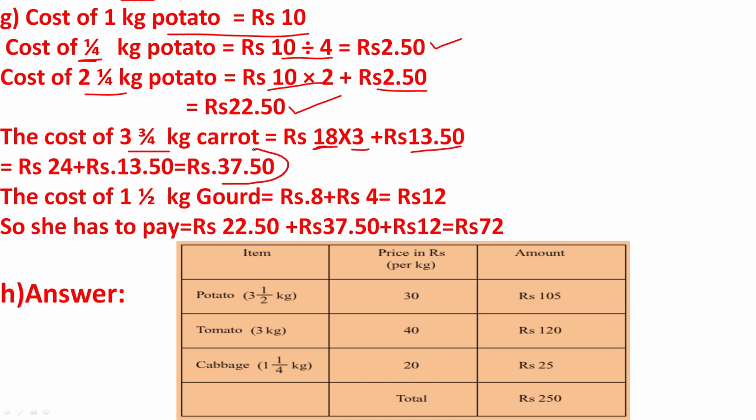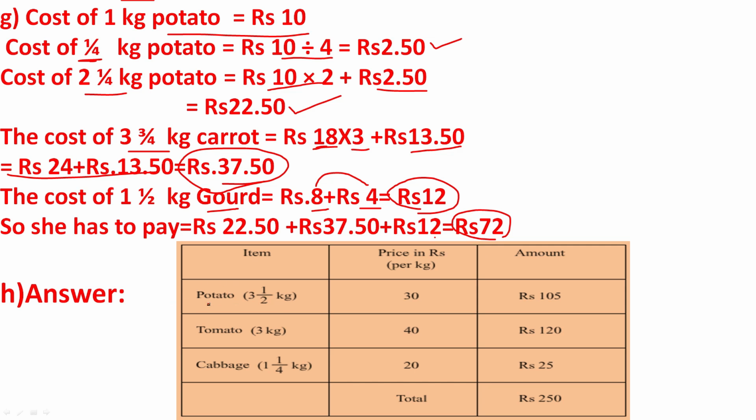Adding these two you will get 37 rupees 50 paise. Same way, the cost of 1 by 2 kg of curd: 8 rupees 1 kg, half kg 4 rupees, so 8 and 4 make 12 rupees. She has to pay 22 rupees 50 plus 37.50 plus 12, totally 72 rupees he has to pay.